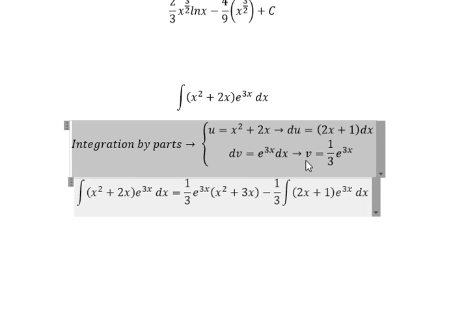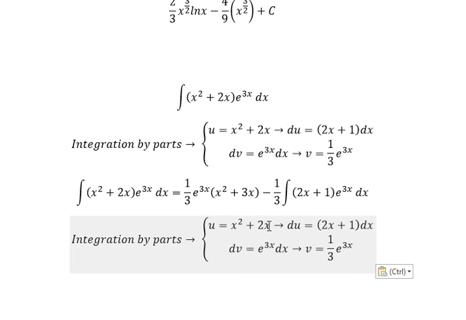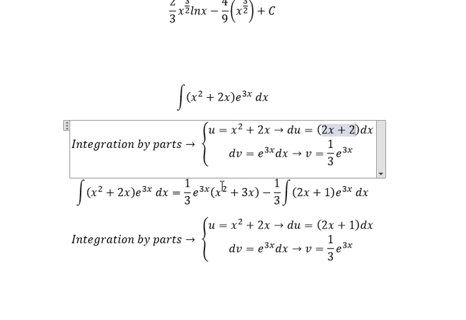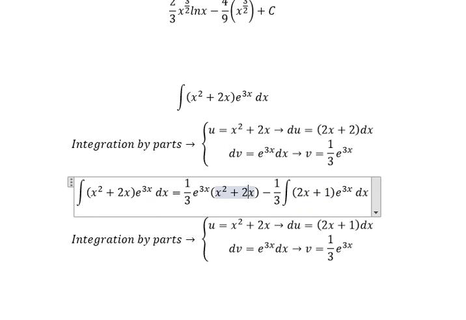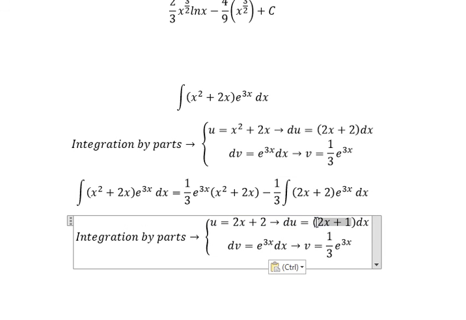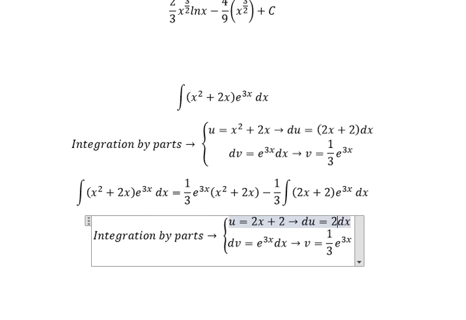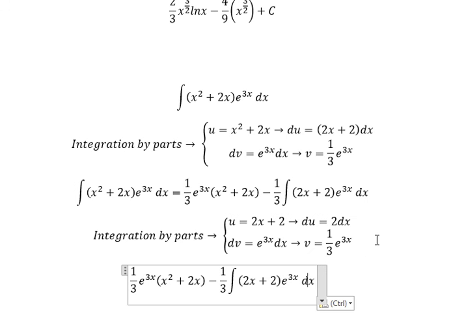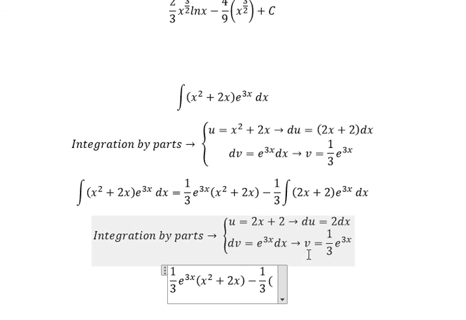Now we do the same technique, but we need to change about, we have number 2 in here. So this one we will do 2s plus 2, and you got number 2. So about this integration, we will get u multiplied with v.